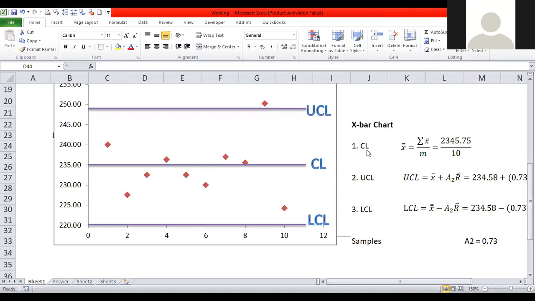So again, I want to tell you two things. There are two types of variations. One is common variation, common cause. You don't need to worry about this. If you see here, there are some small variations between these data points. These variations are not a problem because they are common variations.